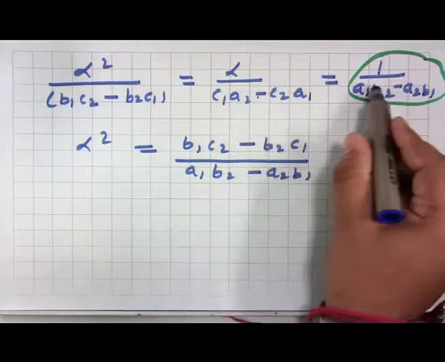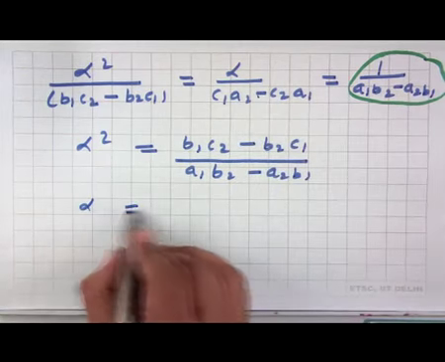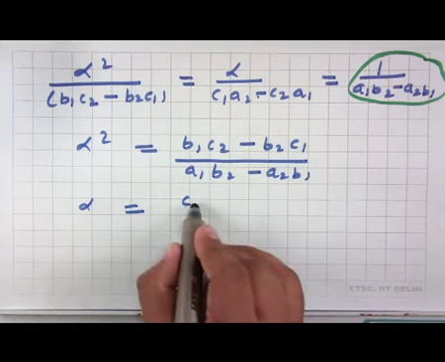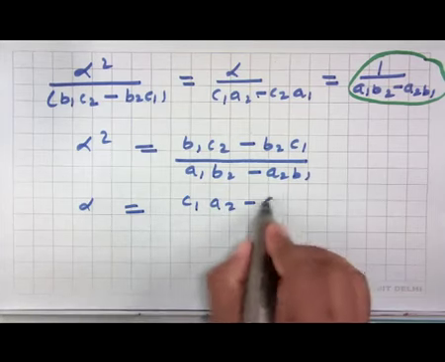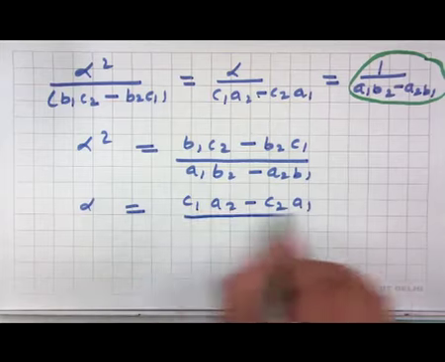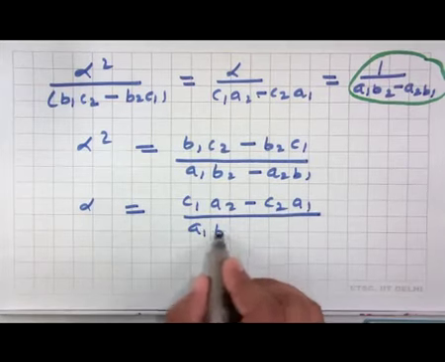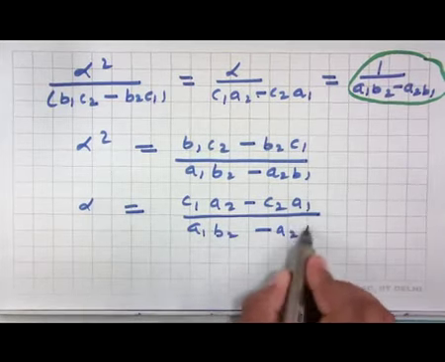Now, we can find out alpha by taking the last two. Alpha equals c1 a2 minus c2 a1 divided by a1 b2 minus a2 b1.